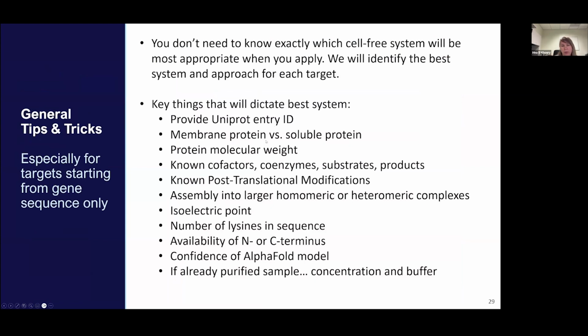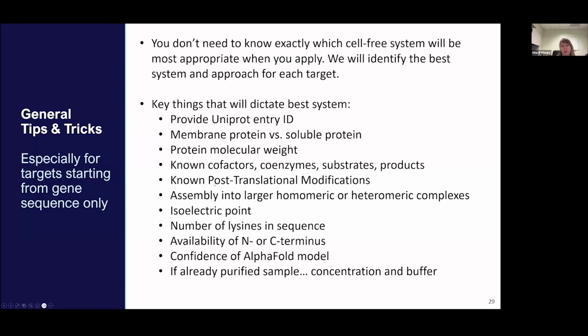Also, if you know it's a membrane protein or soluble protein, its molecular weight, its properties. If you know what kind of cofactors are needed, because this is necessary for cell-free supplementation, maybe these cofactors are needed for folding or for its activity, that would be useful.